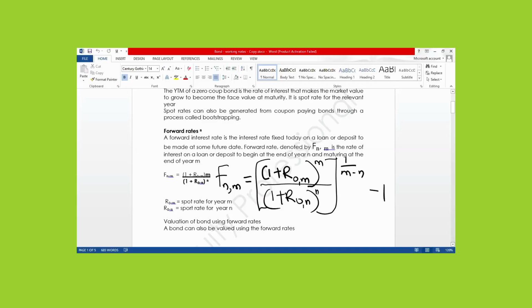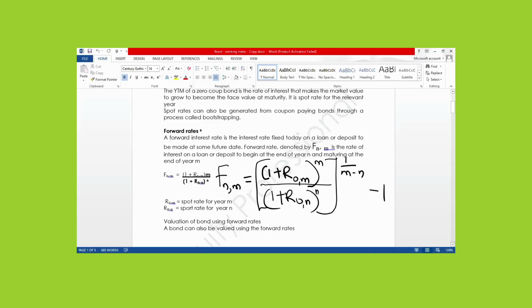That interest rate obtained today for the money you are planning to borrow in 1 year's time is called the forward interest rate. That interest will commence at the end of year 1, and we are going to borrow for 4 years. 4 years after year 1 takes us to 5 years.